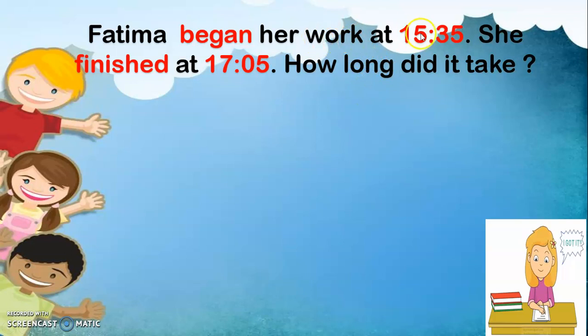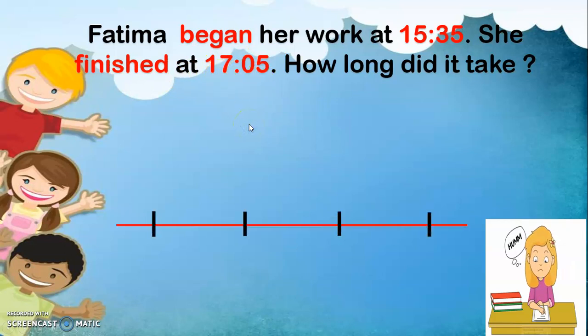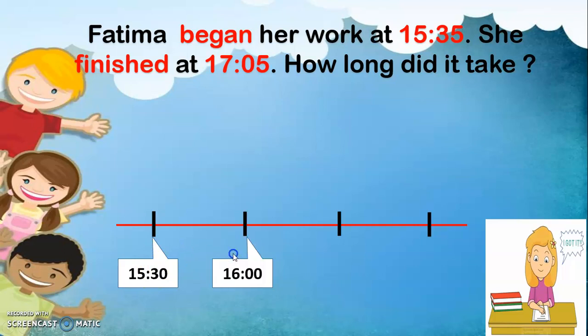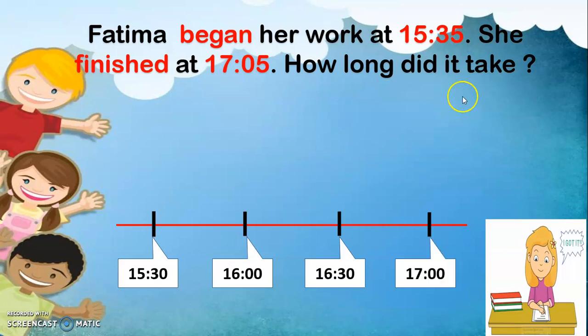So since the beginning time is given and also the end time, which says she finished at 17:05, let us do it in a timeline. So I will start the timeline at 15:30, then 16, 16:30, and then 17.